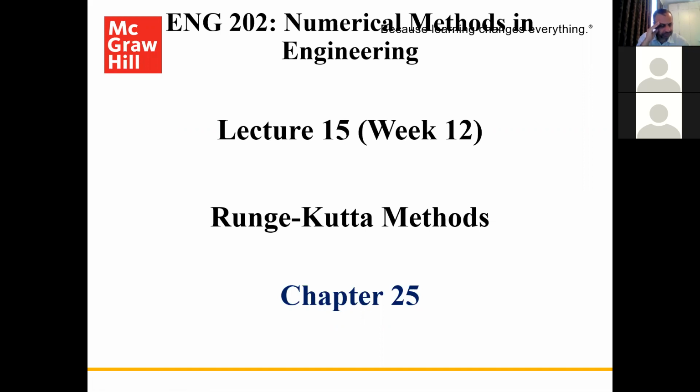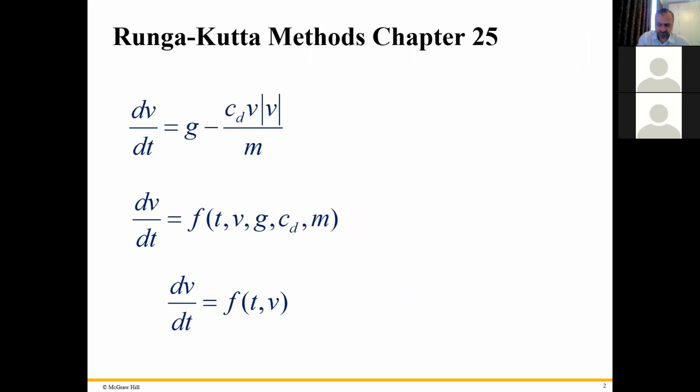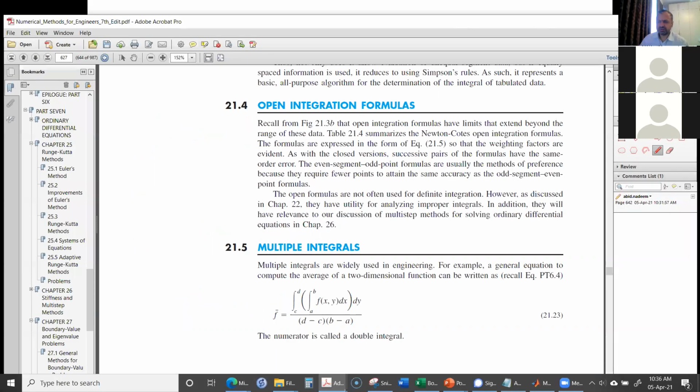Okay, so sometimes we also say them as RK methods. So what are these RK methods? The simplest of the RK methods is Euler's method. Okay, so maybe I can show it from the book to you.